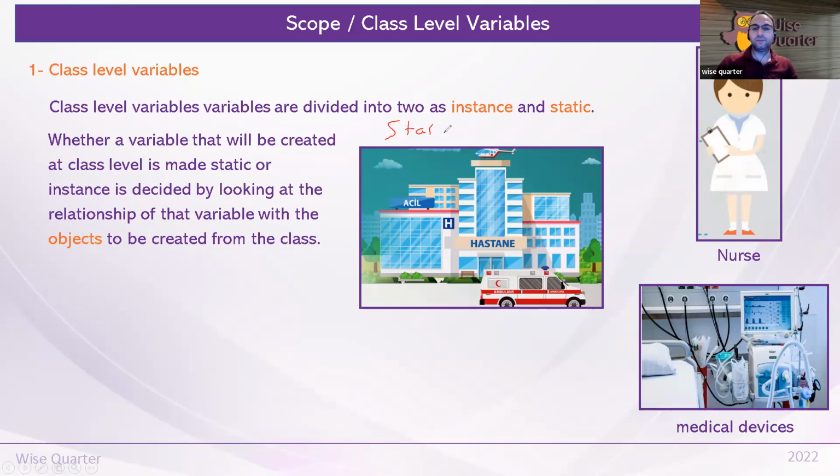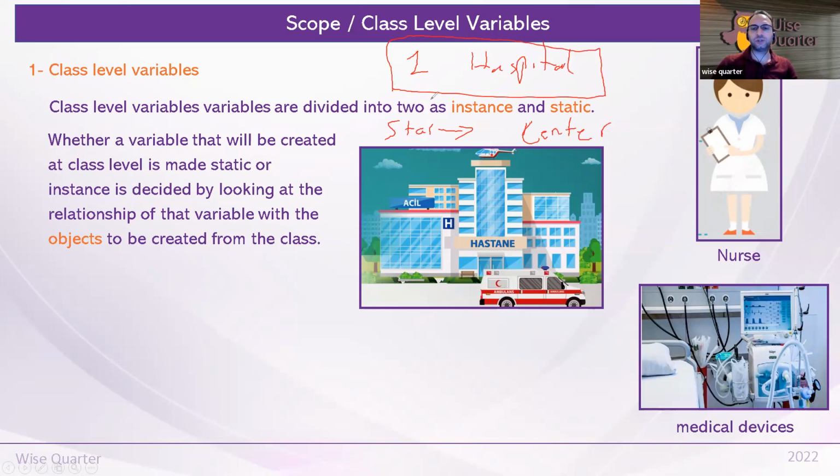It will be Star. And if I change it to anything, say Center Hospital, the name will be changed for everybody. So there should be only one hospital name, and it will be the same for everybody.